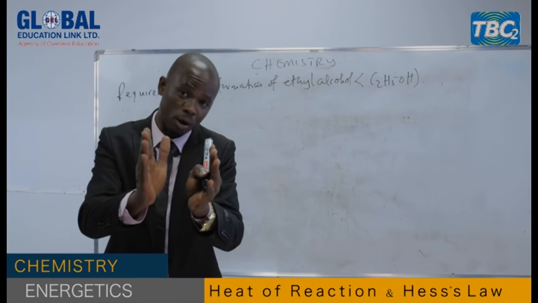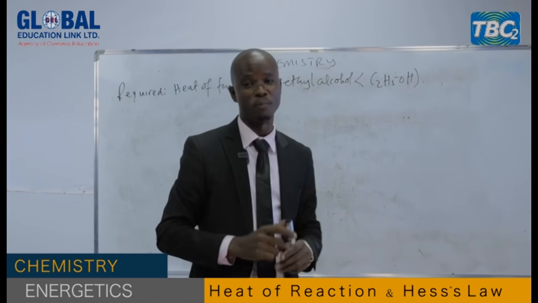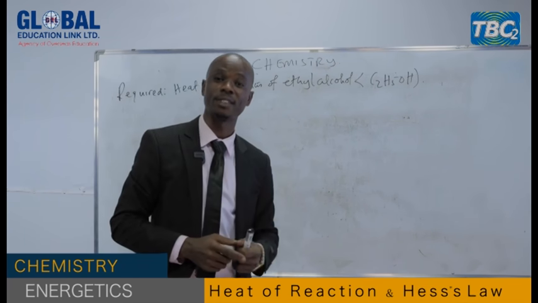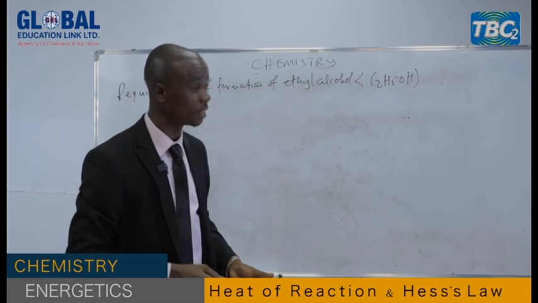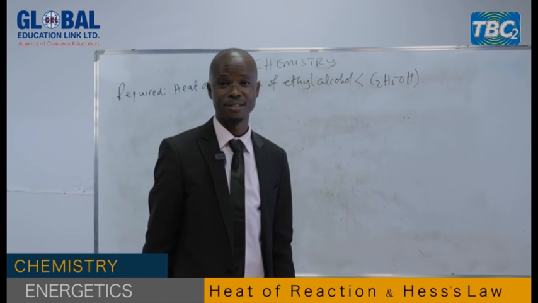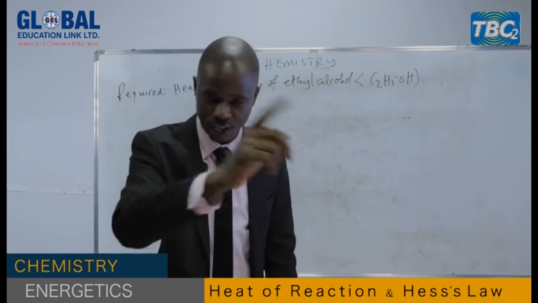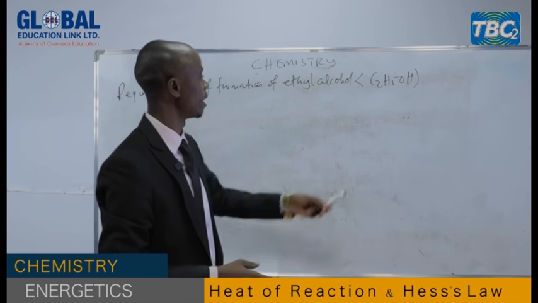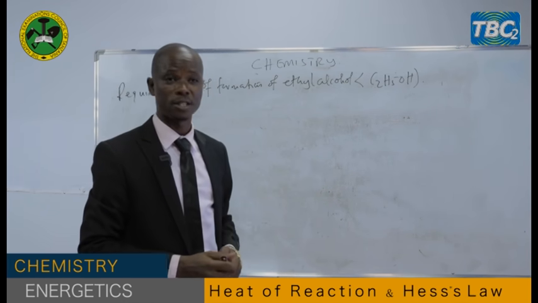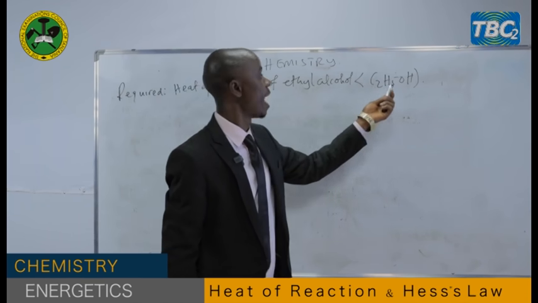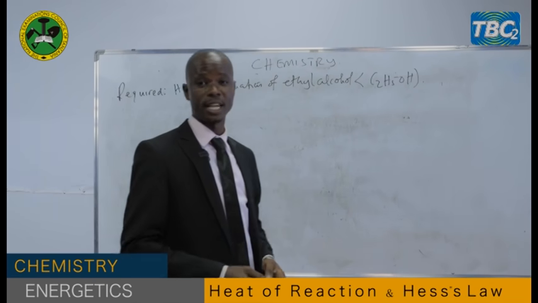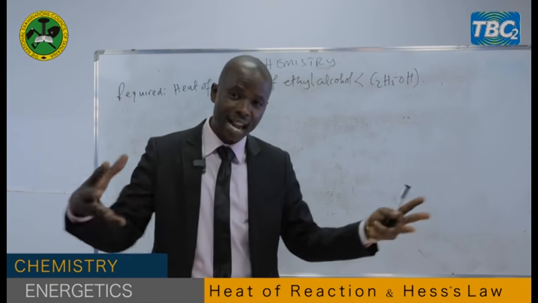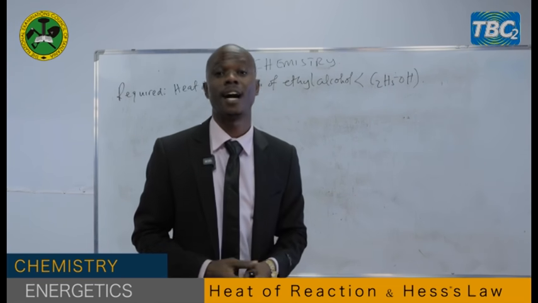When you have the compound, you have to look at the elements constituted in that compound. How many elements are there, my dear students? Let's participate together. Here, there are 3 elements. We have carbon element, hydrogen gas, and oxygen gas. So the 3 elements, when combined together, react chemically and form this ethyl alcohol.